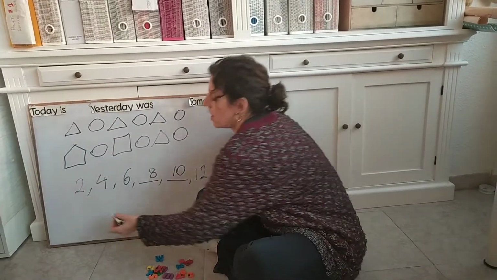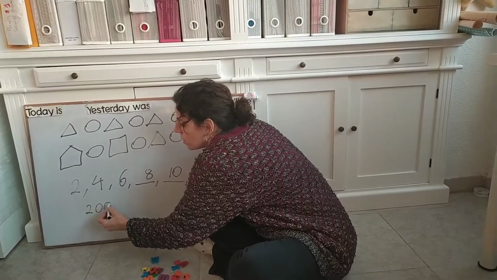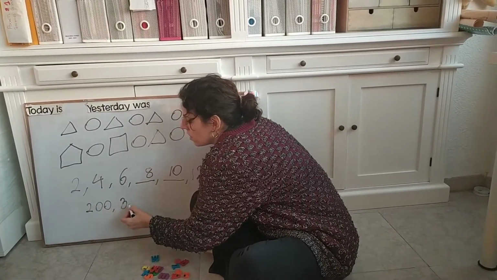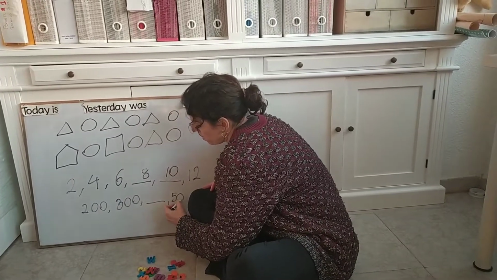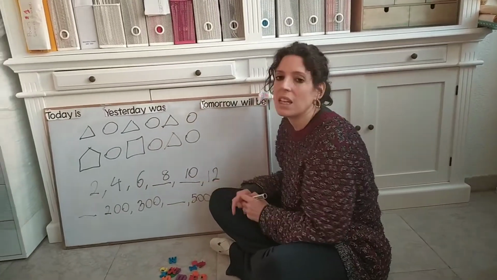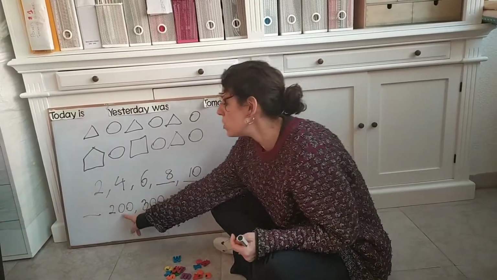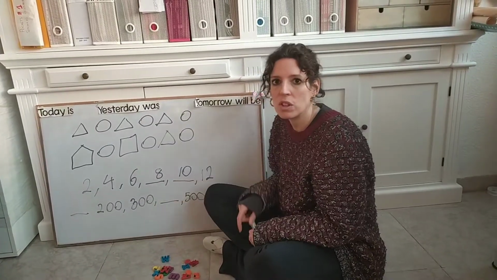Another number line, guys, could be very easily, so guys, what is going to be at the beginning? If I've got 200, 300, 400, I've just told you the answer.